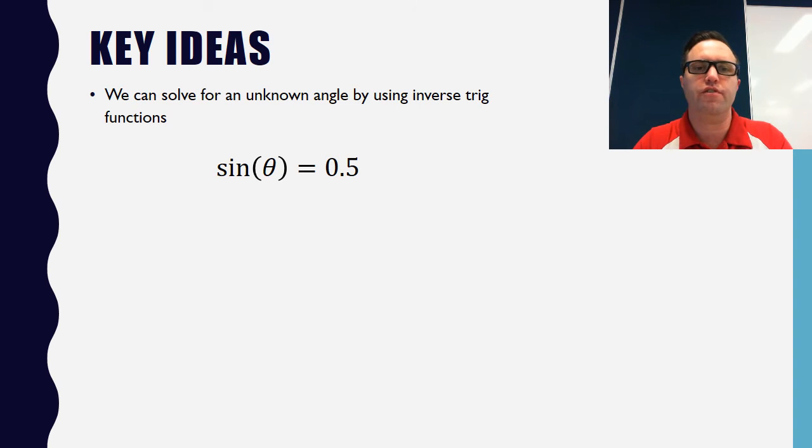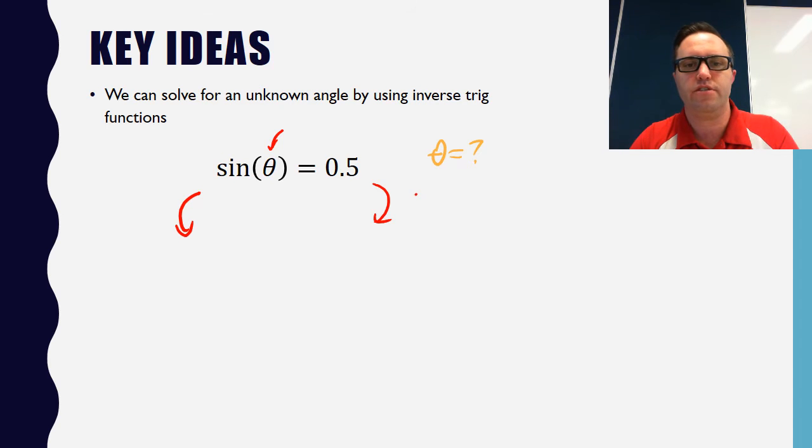Okay, so we can solve for an unknown angle, as I was talking about before, by using inverse trig functions. So how that works is, if you've got the sine of theta is 0.5, and we want to know what theta is, the first thing we need to do is undo the sine. So we're going to take the inverse sine, sine to the power of -1, of both sides.